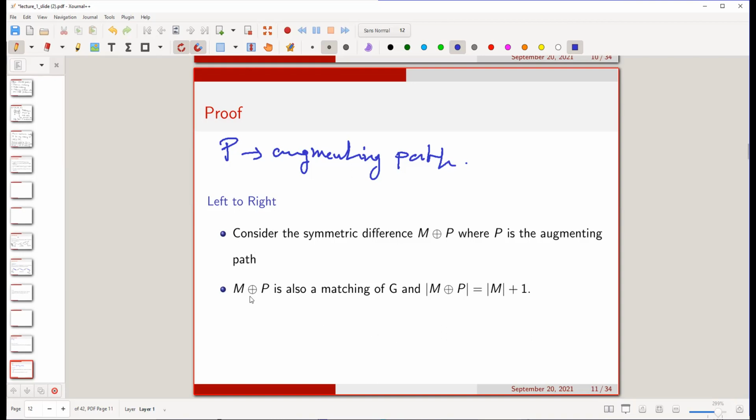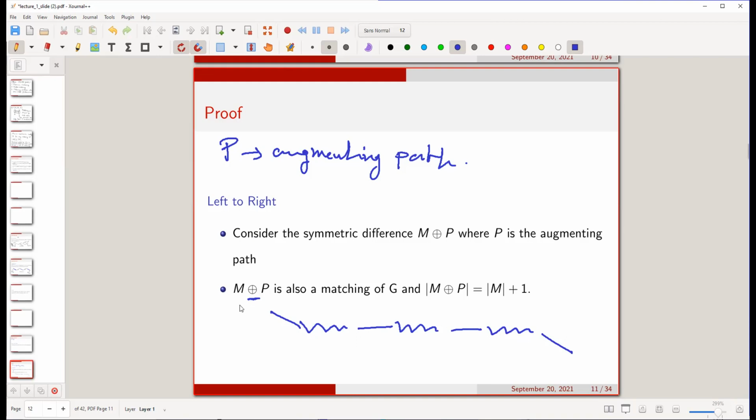Okay, so this symbol is called symmetric difference. Suppose these curly edges are the matched edges and the straight edges are the unmatched edges. The symmetric difference takes an element if it belongs to either M or P, but not both.